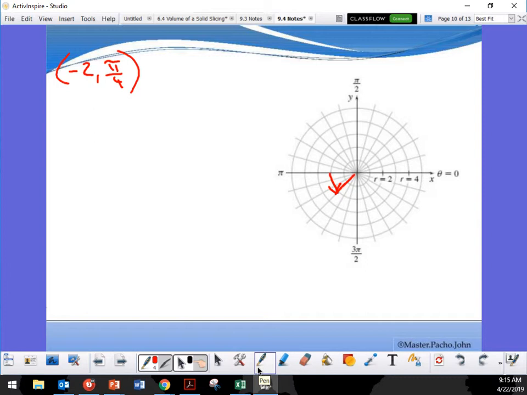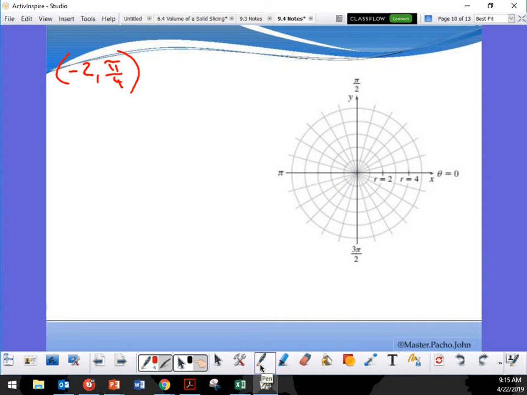Last one? All right, there's another way we could have done this one. It gets us in the same spot, but it's a different way of actually graphing it.